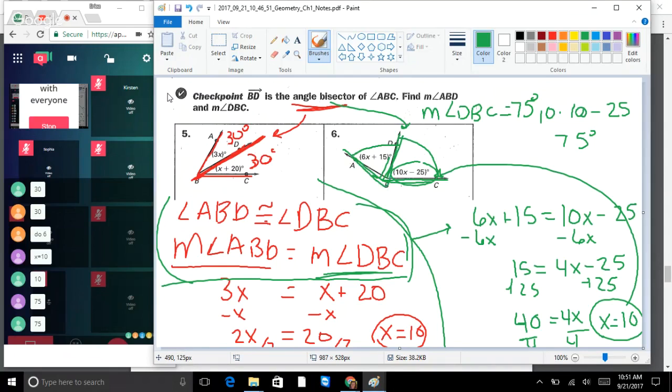Then what about the measure of ABD? It better be 75 degrees too, right? If I plug in 10, 6 times 10 is 60, plus 15 is 75 degrees. Yay, it all works out.